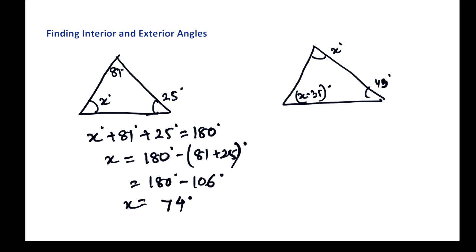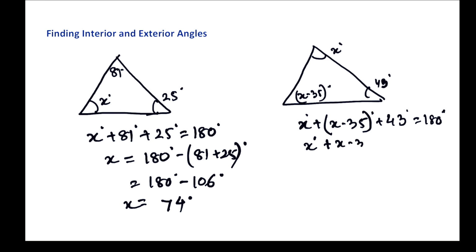According to the interior angle property, x plus x minus 35 degrees plus 43 degrees is equal to 180 degrees. x degrees plus x degrees equal 2x degrees, and minus 35 plus 43 will be plus 8 degrees, which is equal to 180 degrees.